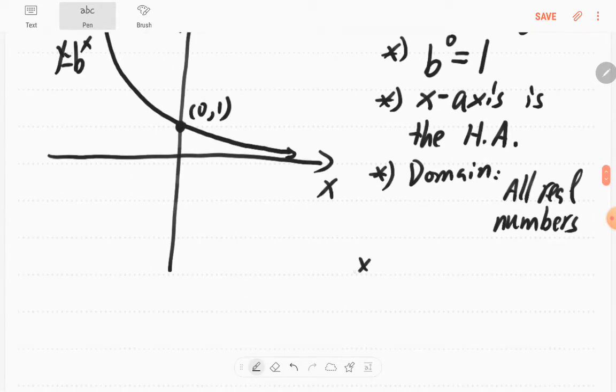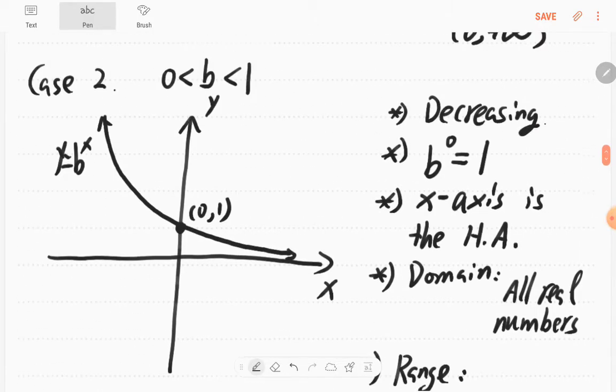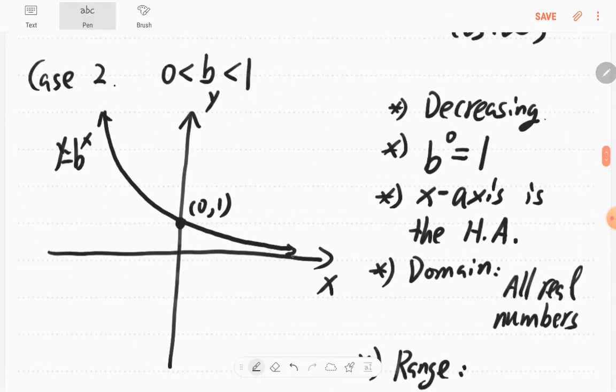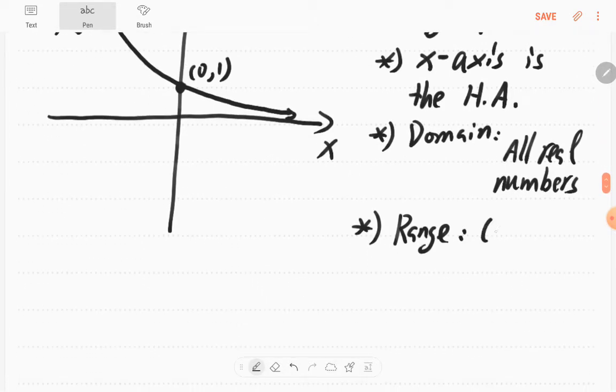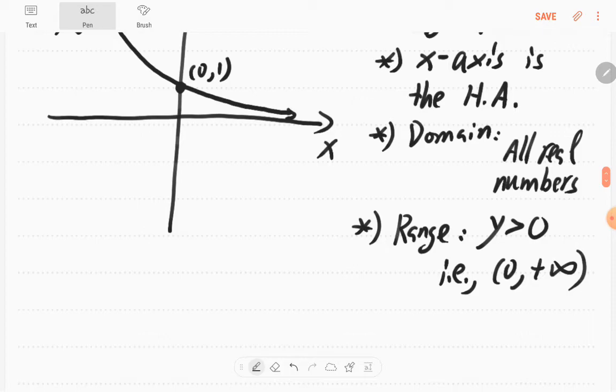The range, which is the y values on the curve, which is the positive part of the y-axis, so it's always greater than 0. So it's y greater than 0. Right, so here that means, i.e., from 0 to positive infinity.